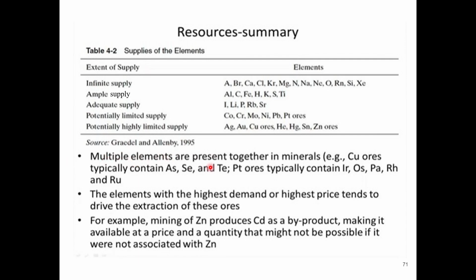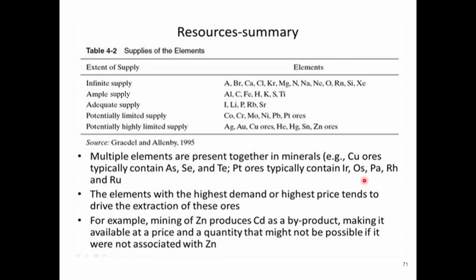Multiple elements are present together in minerals. For example, copper ores typically contain As, that is maybe arsenic, Sc is maybe cerium, and Tl is thallium. Platinum ores typically contain Ir, iridium, Os, I don't know, I have to check. Pd maybe palladium, Rh I forgot, and Ru is ruthenium.